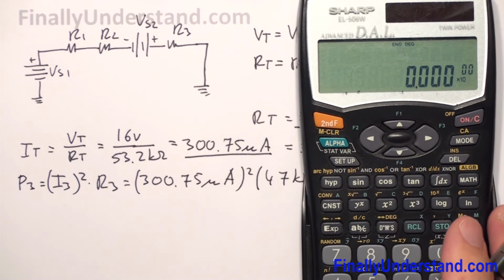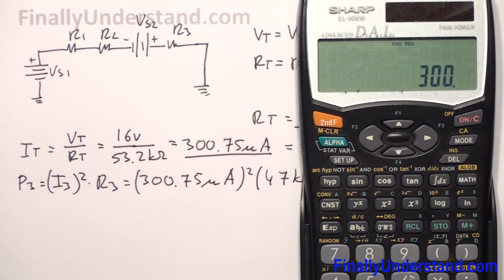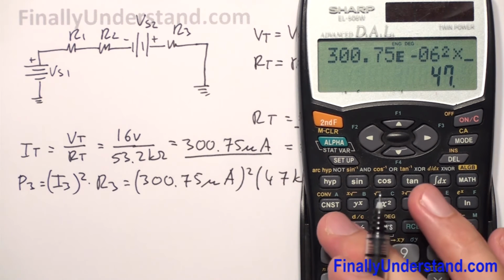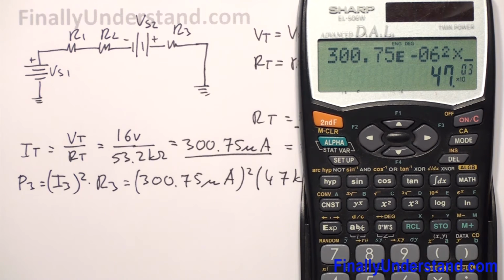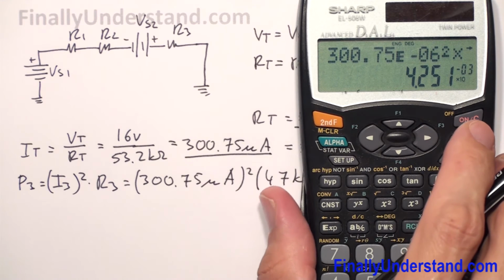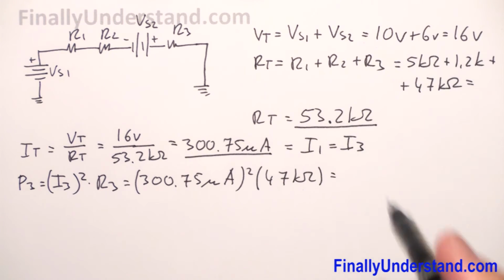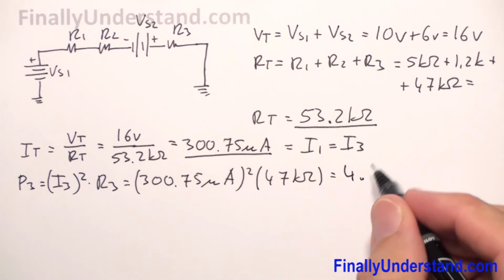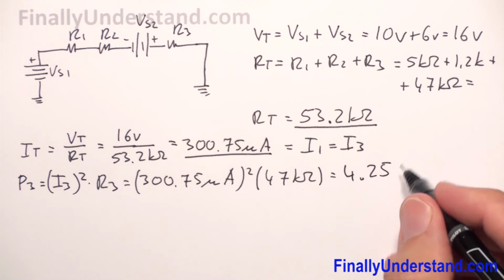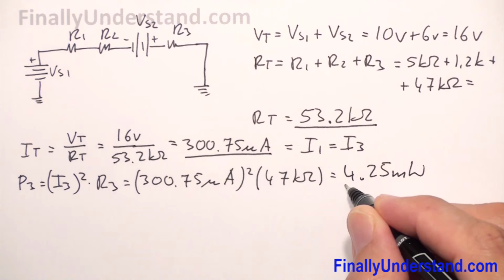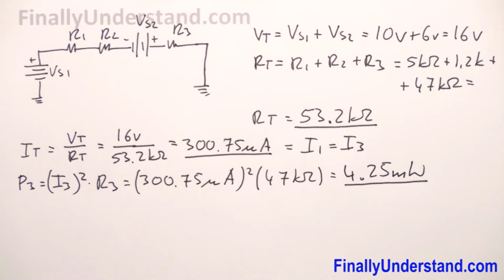So we have 300.75 exponent negative 6 to the second power times 47 exponent 3. This is equal to 4.25 milliwatts. Okay, so this is my P3.